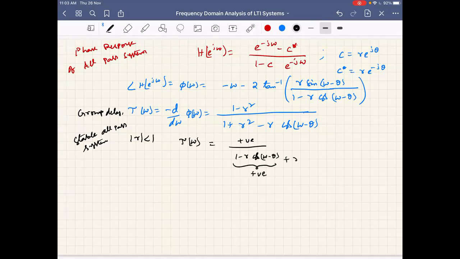Plus r square, this is anyway positive. Hence if mod r is less than 1, irrespective of the sign of r, the whole thing is positive. So the group delay is positive for an all pass system. That implies group delay is positive for any stable all pass system.